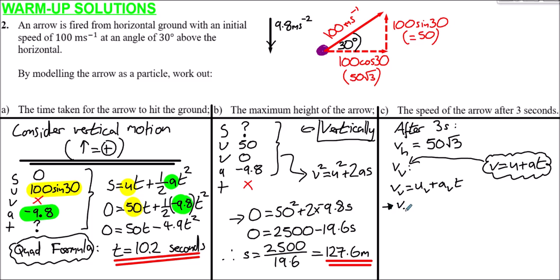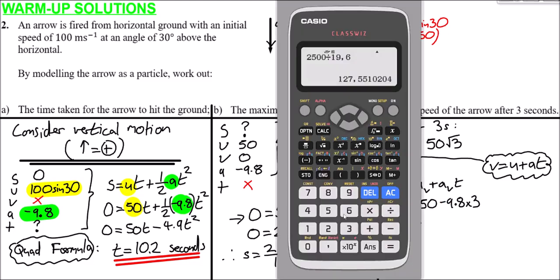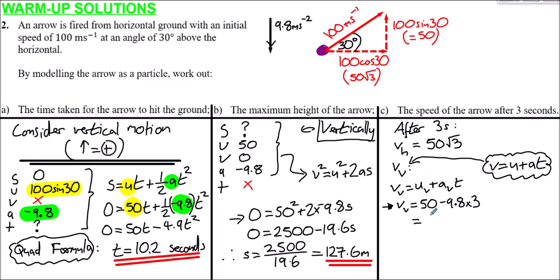So in other words, v subscript v, the initial upward speed, of course, we know is 50. a is minus 9.8. So this becomes minus 9.8 multiplied by t, which of course is 3. And that gives us a value of, let's just work this one out, I think it's 20.6, but I'm just going to double check. 20 minus 3 times 9.8. Yeah, 20.6.